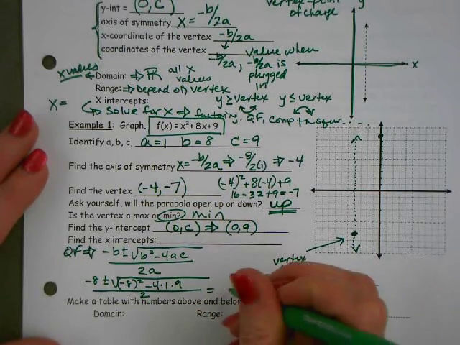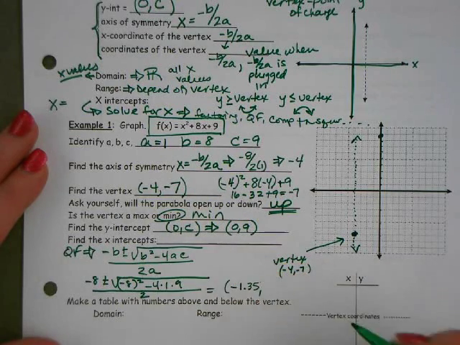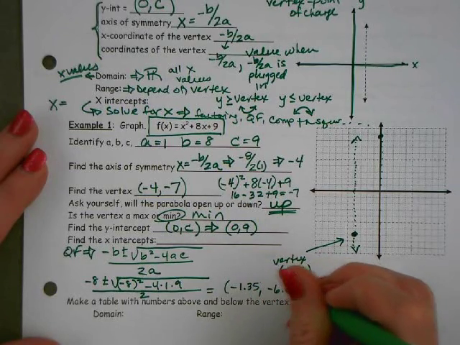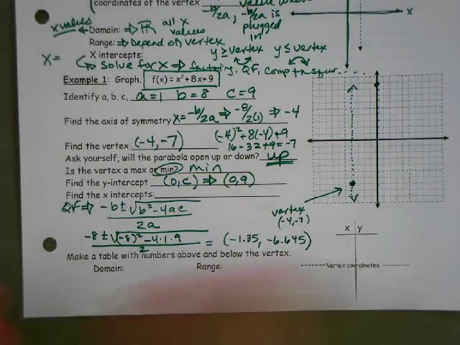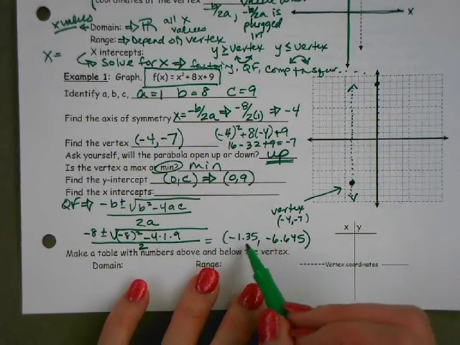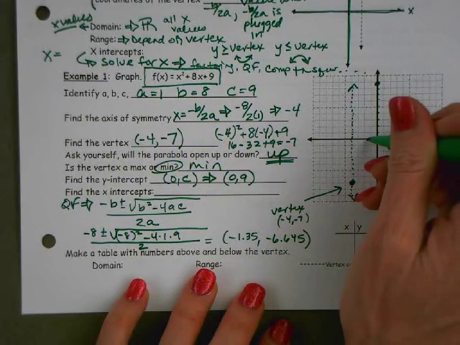When I do that, I'm going to get negative 1.35 and negative 6.645. I'm not going to have you go through that. Trust me on that. I wish you could round it right. So when x is negative 1.35, which is approximately right there, that would be a point.